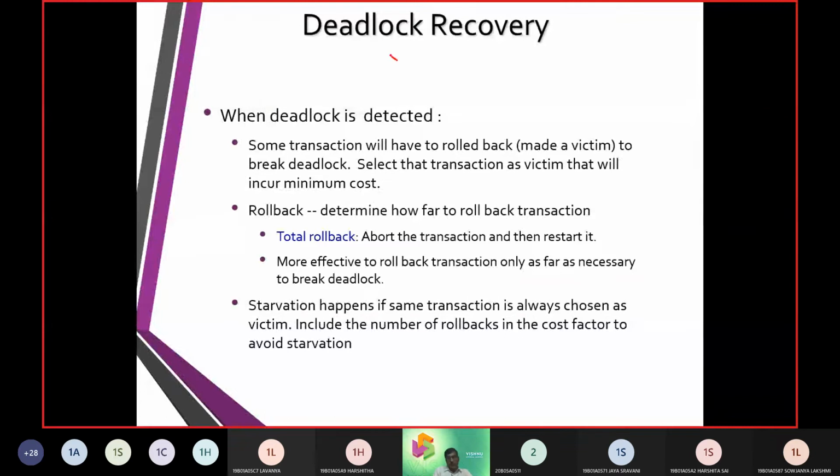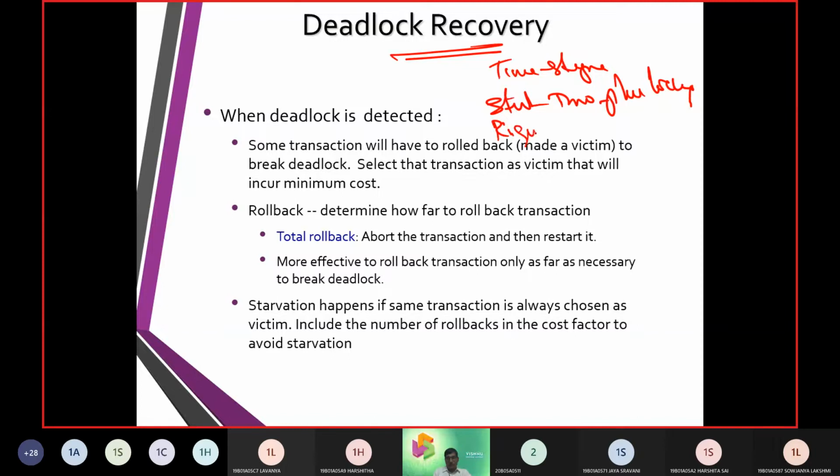So how are we going to detect the deadlock? We have detected the deadlock with timestamp-based protocols, strict two-phase locking, and another one was rigorous two-phase locking.